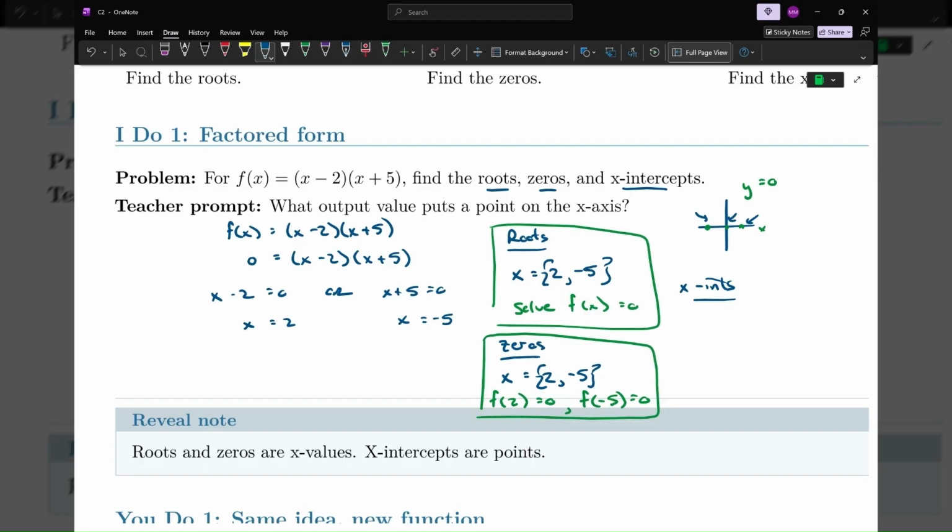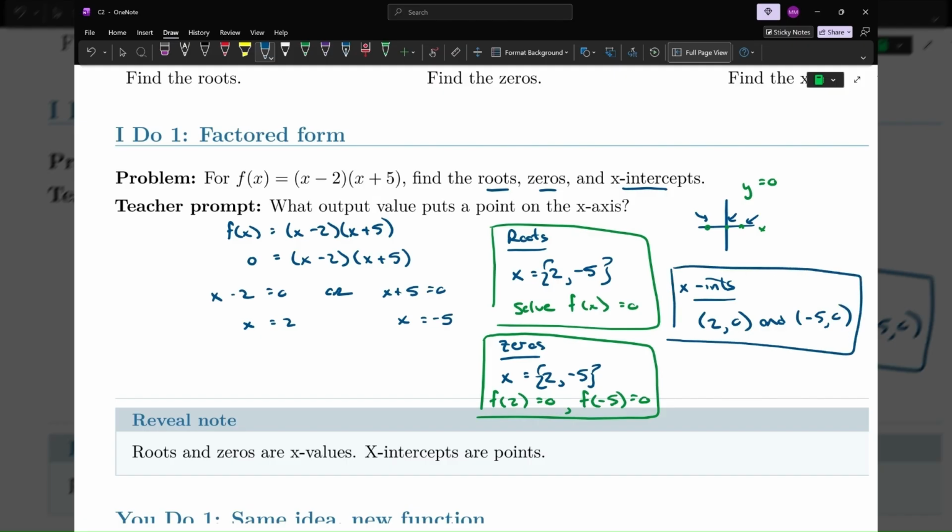The x-intercepts are going to be, for this one, (2, 0) and (negative 5, 0). So I need that whole point. It's not enough to just state the x value. I need the x and the y. It's a point. Our big takeaway there is that the roots and zeros are both x values, where the x-intercept is actually a point in space.